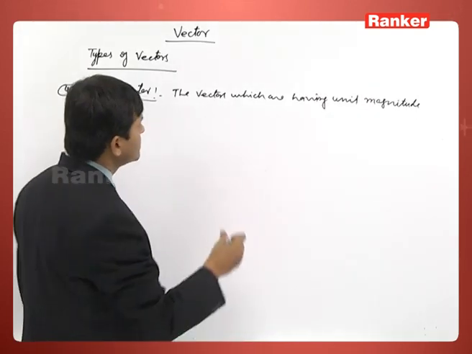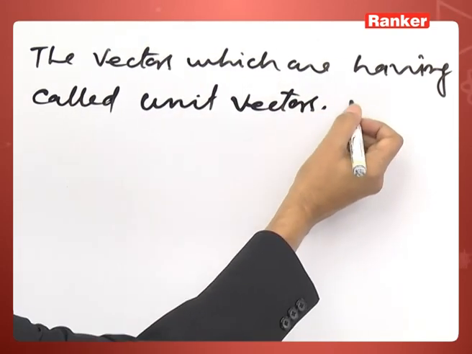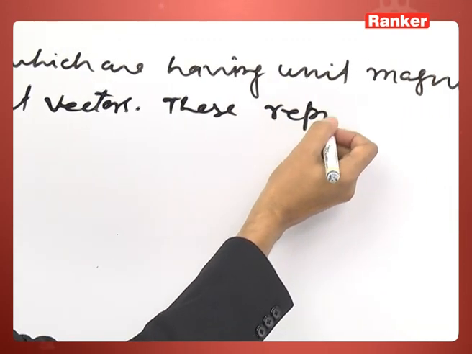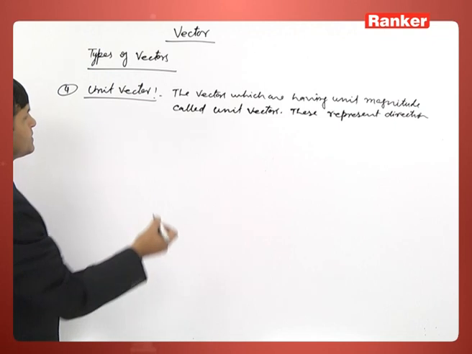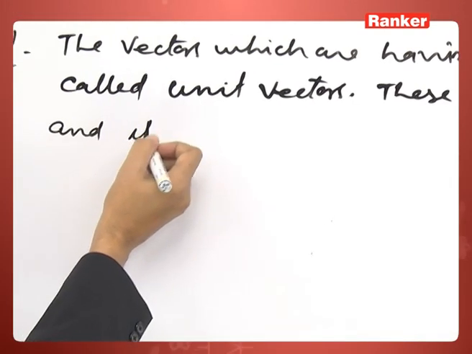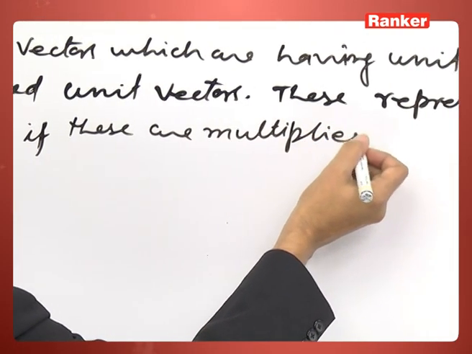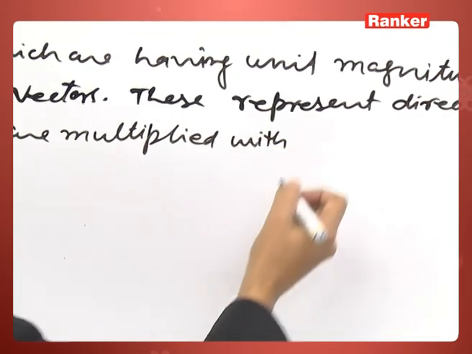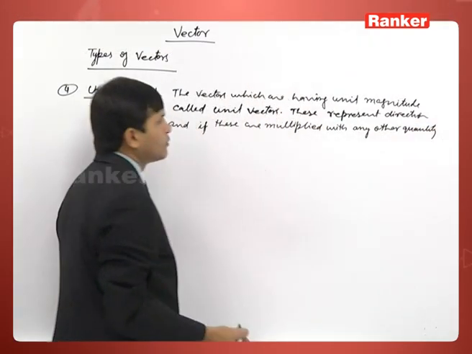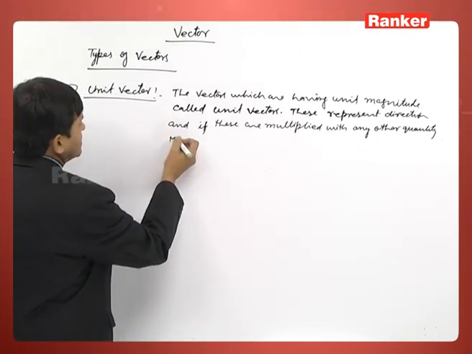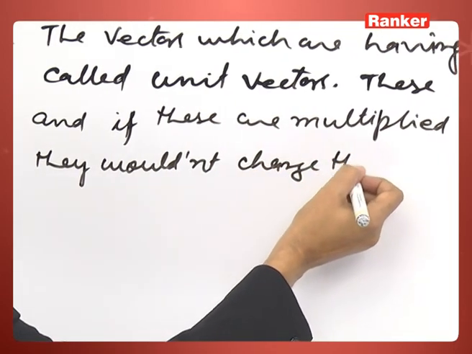These represent direction, and if these are multiplied with any other quantity, they won't change the quantity.